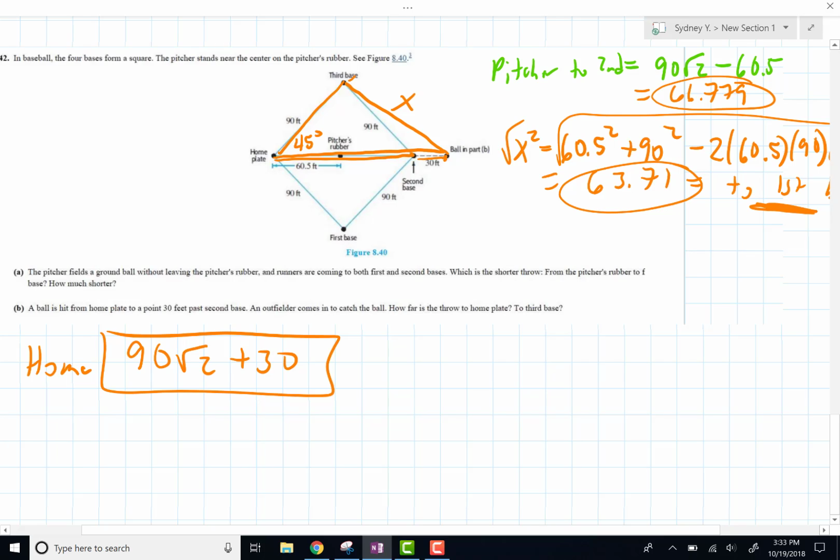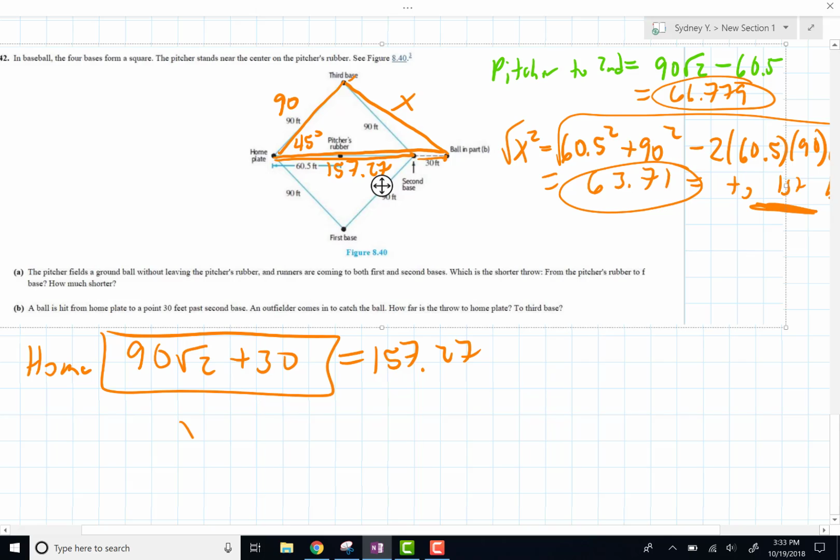And the 90 root 2 plus 30, I'll punch that in so we can work with it. So that's 157.27. That's this 157.27, and then this they told us was 90, and then we're using law of cosines again.